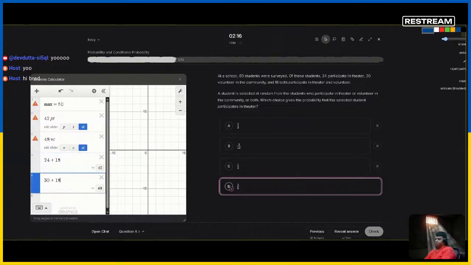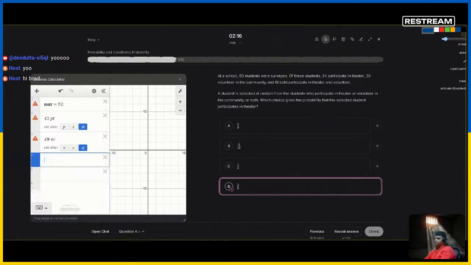But then you realize that means it's bigger than the number 60. Because if we do this by 42 right now, what are we looking for? Participating in theater. Oh, I did it wrong.